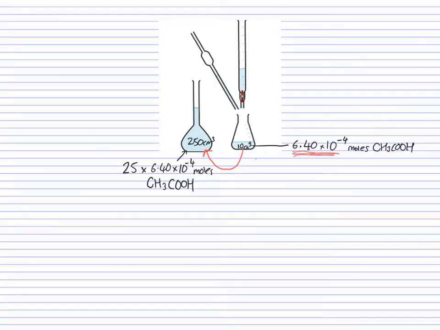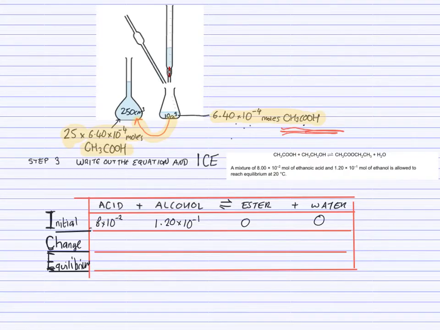What we've done here now is, because we know the amount of ethanoic acid that we've just titrated, the 10 centimetre cube sample, to find out the amount that was in the original mixture, we need to times it back up. We took 10 centimetres cubed out, so we need to times it by 25 to get the actual number of moles that were there at equilibrium. And that comes out to 1.6 times 10 to the minus 2 moles.